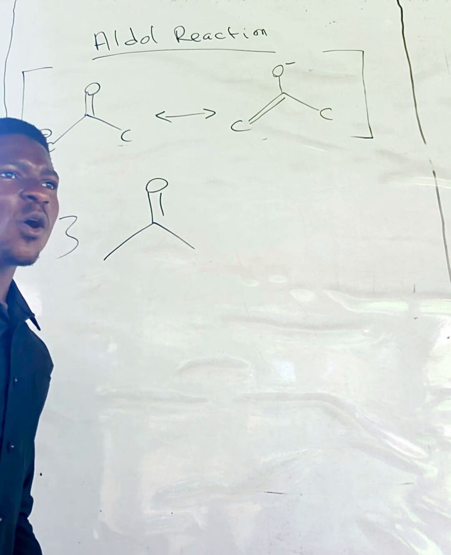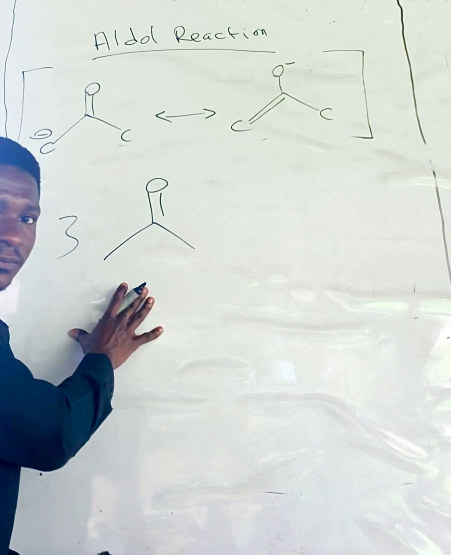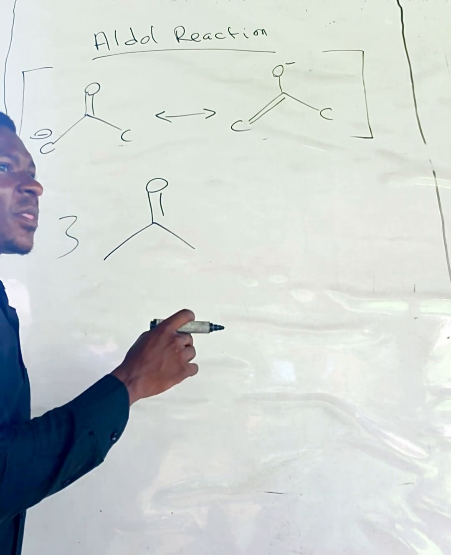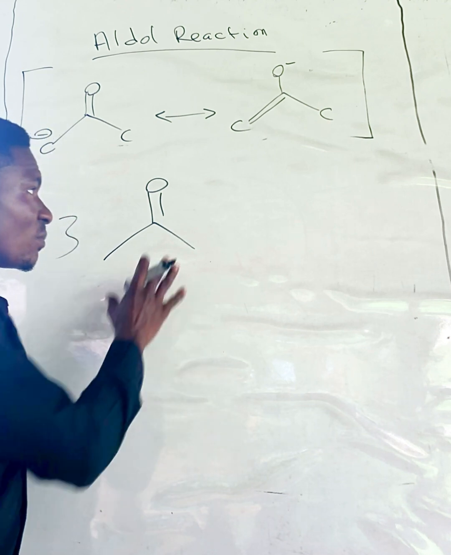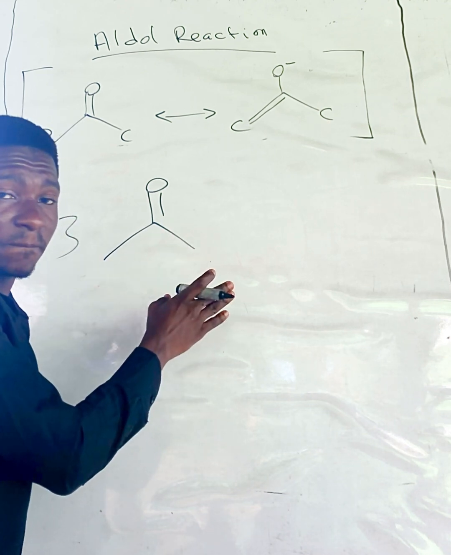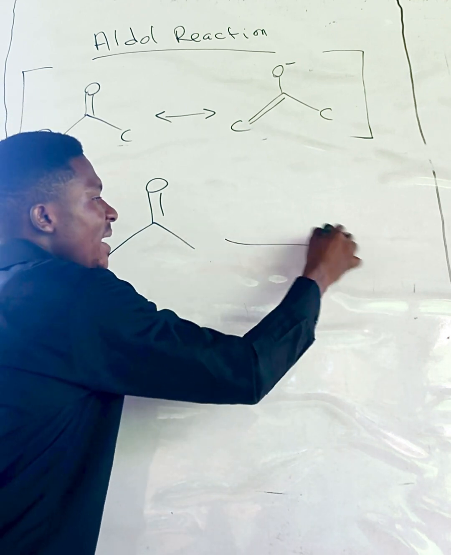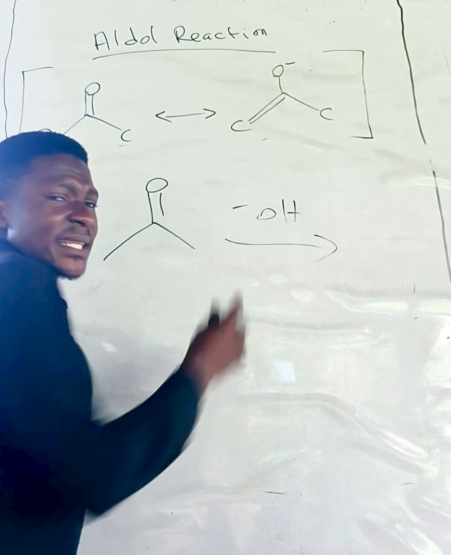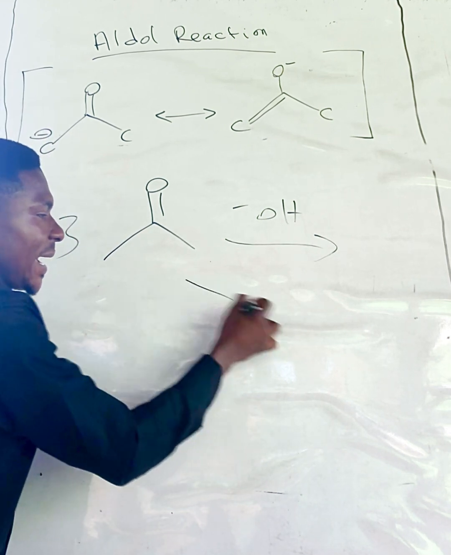We need to set a condition that will make this possible. That condition is the use of a weak base. So you use a base that can only convert one or two of these into a carbanion.